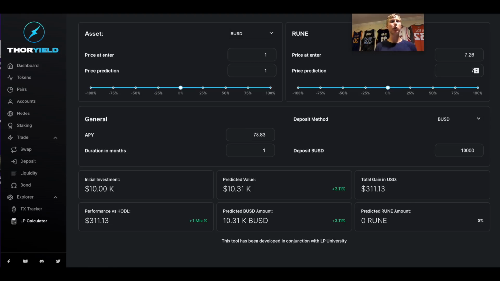I just wanted to show you this calculator so you guys can understand what you need to be looking at. Remember, you have that impermanent loss protection after 100 days. So that's a little math tool you guys can play around with. It's actually Thor Yield. You can catch this just by typing in Thor. Well, I'll leave a link in the description below so you guys can check it out.